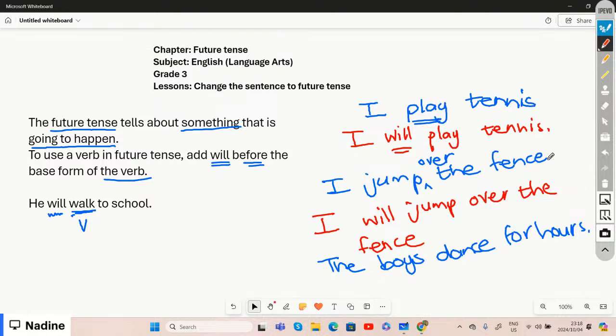We need to change that to the future tense.